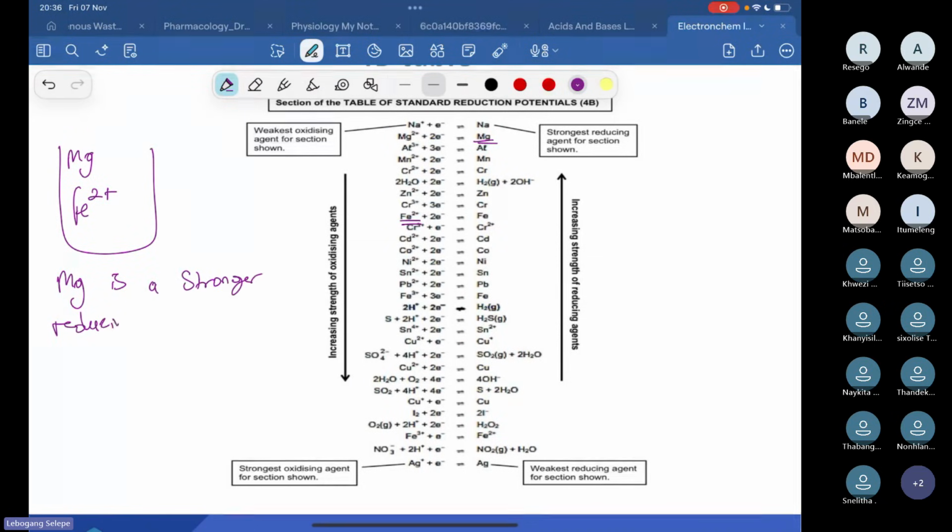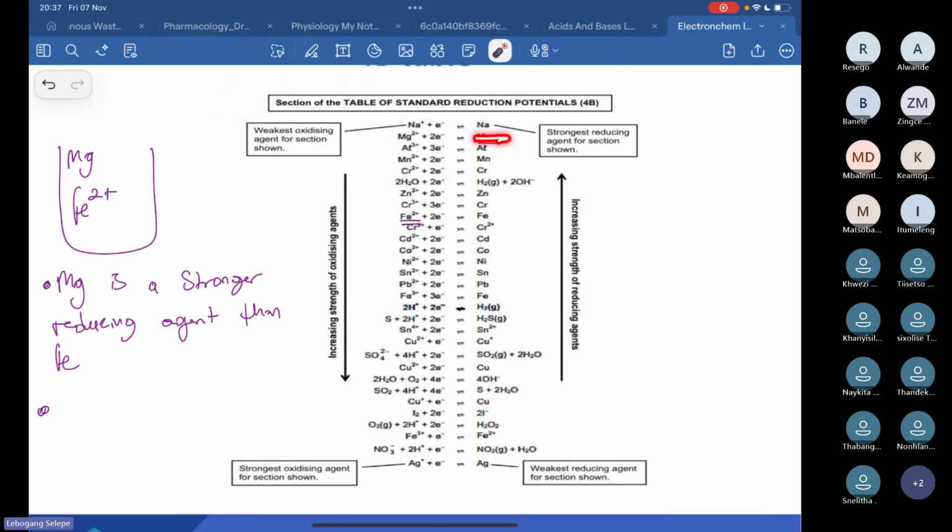reducing agent than Fe2 plus. Now, sorry, not Fe2 plus, Fe. Remember, I'm comparing apples with apples, right? So Mg is a stronger reducing agent than Fe.